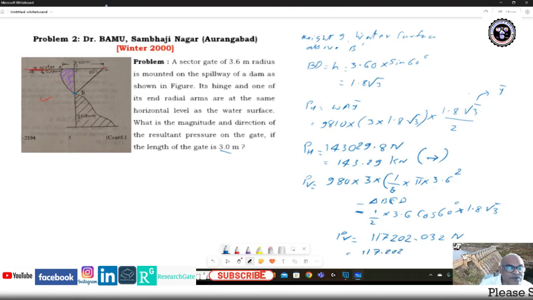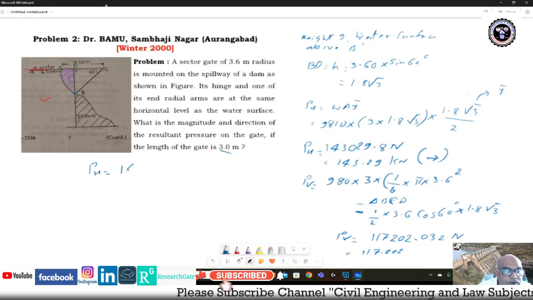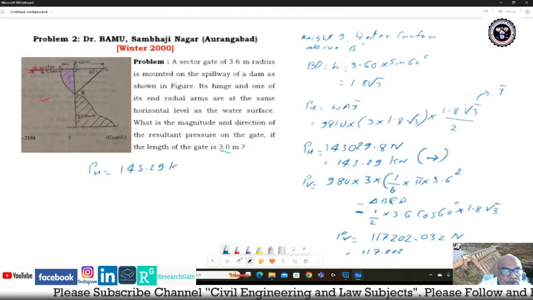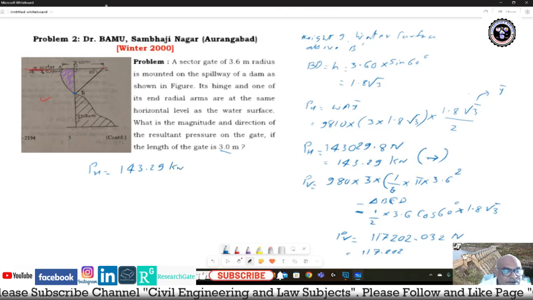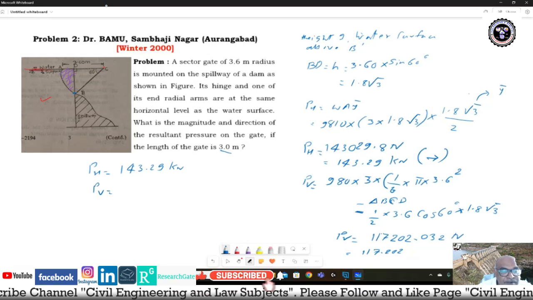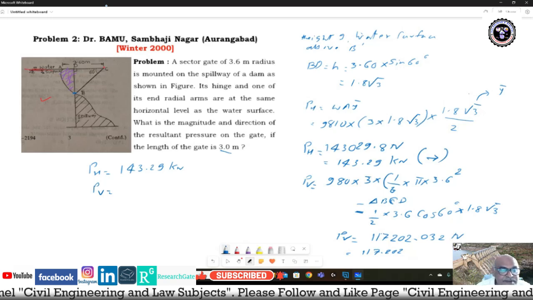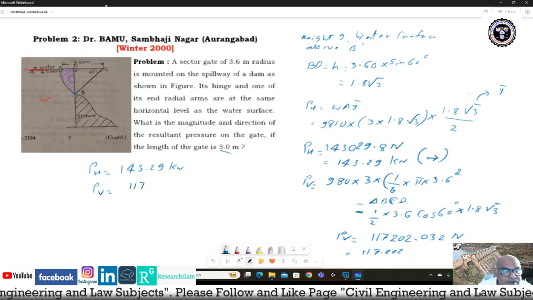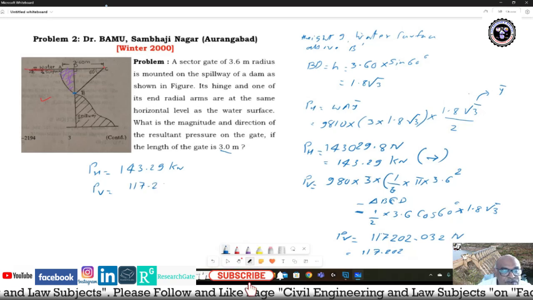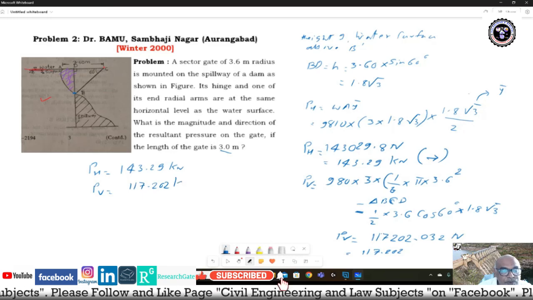So pH is equal to 143.29 kilonewton, and PV is equal to 117.202 kilonewton.